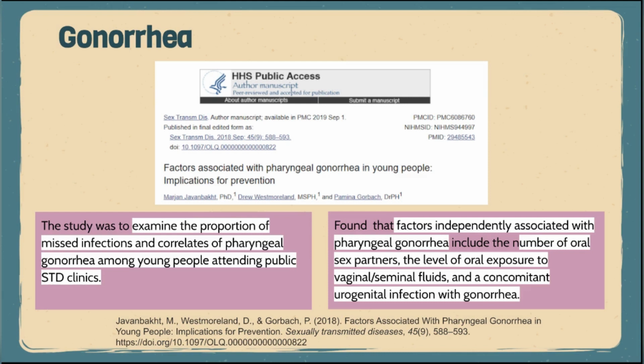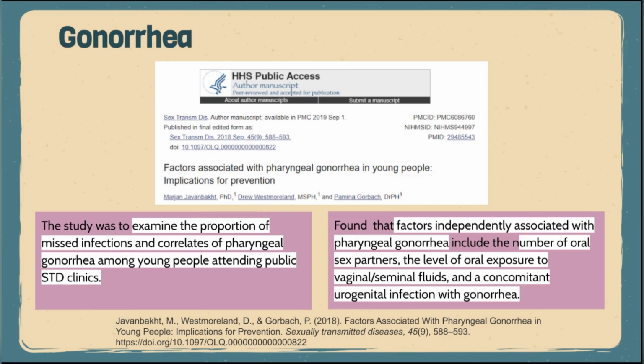It is found that factors independently associated with pharyngeal gonorrhea include the number of oral sex partners, the level of oral exposure to vaginal or seminal fluids, and concomitant urogenital infections with gonorrhea. All study participants were tested for pharyngeal gonorrhea and urogenital chlamydia and gonorrhea. The test is known as NAAT, where the testing detects the genetic material of gonorrhea bacteria and is considered the optimal test for gonorrhea infection.